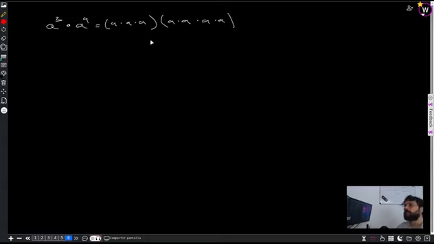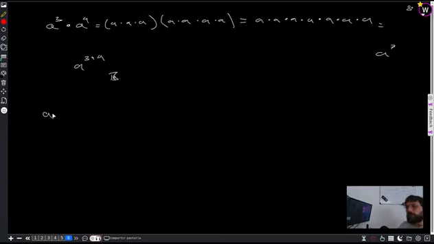By the rules that we've seen in multiplications, we can also express this as a times a times a times a times a times a times a, and this is 4 and 3. So we can express this as a to the 7th, or a to the 3 plus 4.